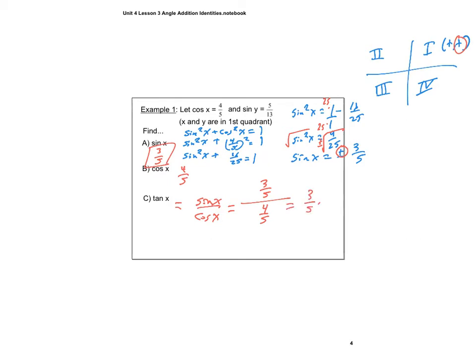So we can take 3/5 times the reciprocal of 4/5, which is 5/4. And then I can see that these can reduce down by 5, so they become 1s. So then we end up with simply 3/4. All right, so that's the x values: the sine of x, the cosine of x, the tangent of x.